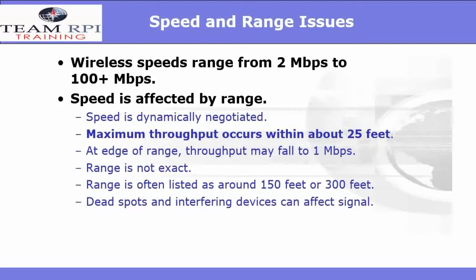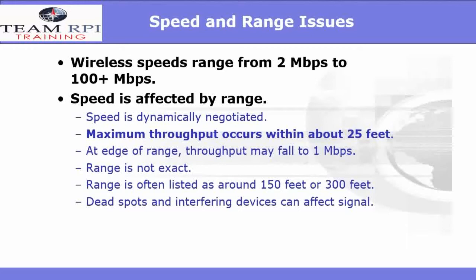The next thing to consider is the range and speed. Wireless speeds range from as low as 2 megabytes per second all the way up to 100 megabytes per second. With wireless networks, the speed that you'll realize is directly affected by its range.